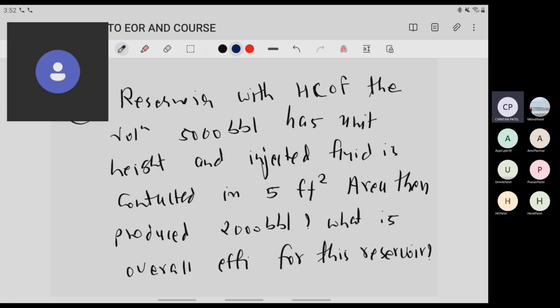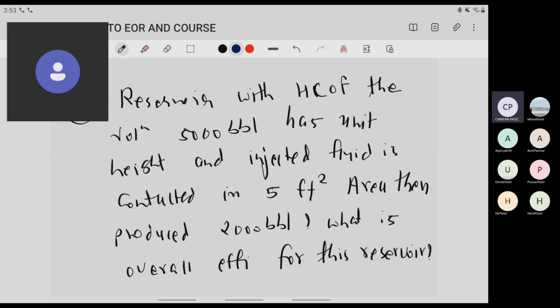Okay, and just tell me the value of displacement efficiency and that value separately also. I think the value will come a bit low, but okay with that because I just kept it like this.